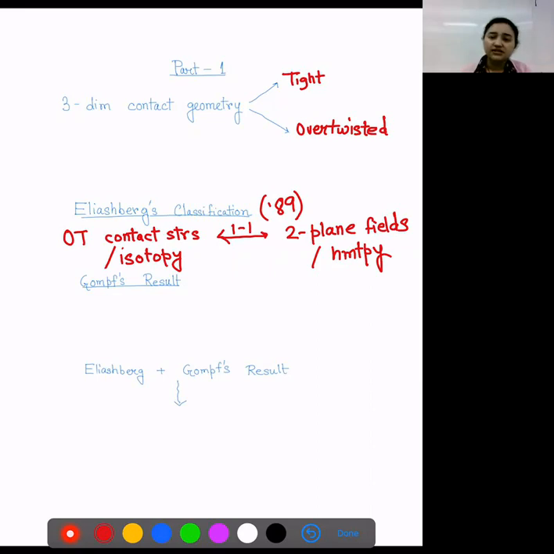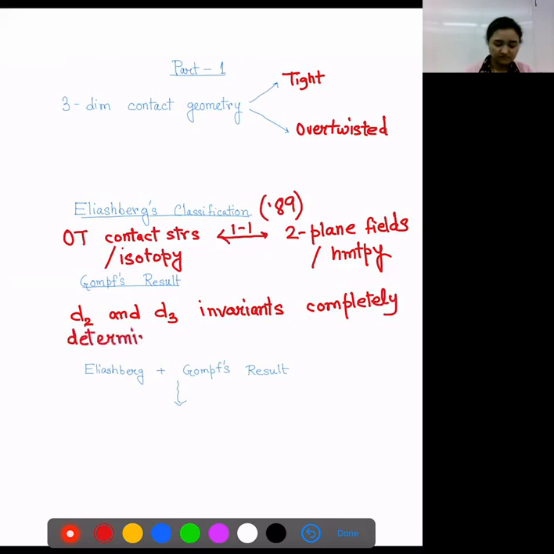The next result is by Gompf, and he tells us that the d2 and d3 invariants completely determine two-plane fields, again up to homotopy.